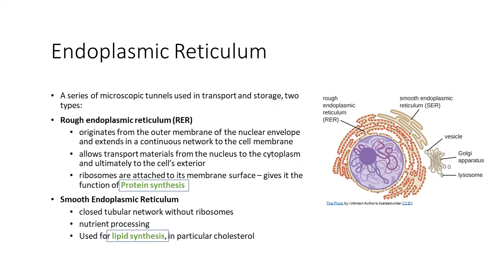Those components will come out of the ER and go to the Golgi apparatus, where the Golgi will modify things, and then it will move things out of the Golgi in a vessel. As it pinches off, that vessel is going to be a lysosome or another type of vesicle that is going to then move through the cell, stay in the cell, or possibly go outside of the cell, depending on what the component is.